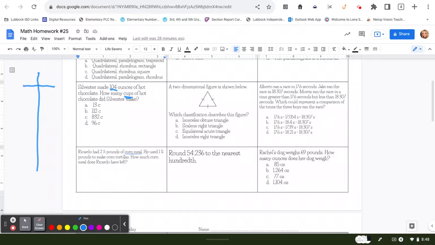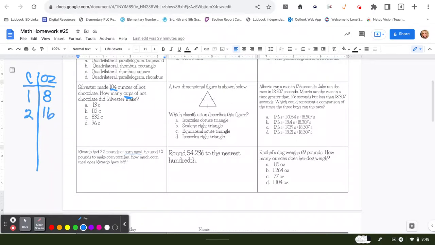Okay, so I can see that cups are larger, so they're going to go on the left, and ounces are going to go on the right. My STAR reference sheet says if I have 1 cup, I have 8 ounces. So if I have 2 cups, I have 16.